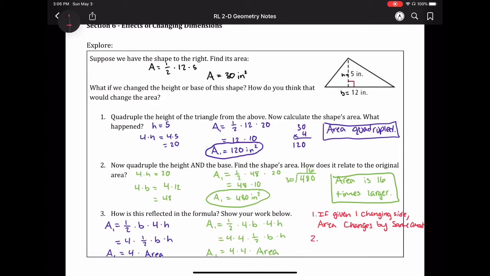2. If given two changing sides, so you're changing both the base and the height in a situation like this, then the changes are multiplied together, and their product is the amount the area changes.